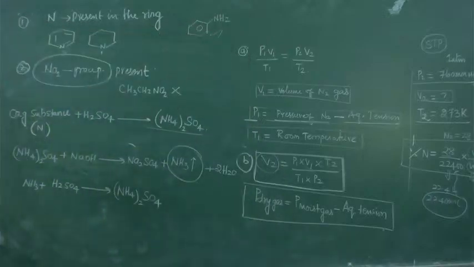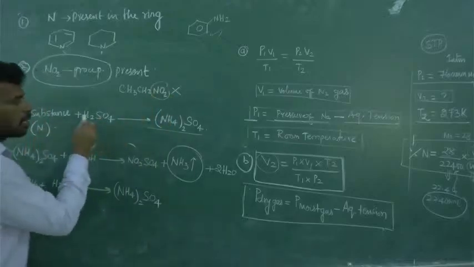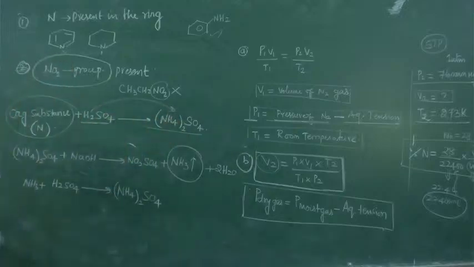Third point, what is the meaning of this? Why can it not be estimated? Again, the reason: sulfuric acid changes the compound into ammonium sulfate. A nitro group cannot be converted into ammonium sulfate. So whichever compound cannot be converted into ammonium sulfate cannot be estimated.